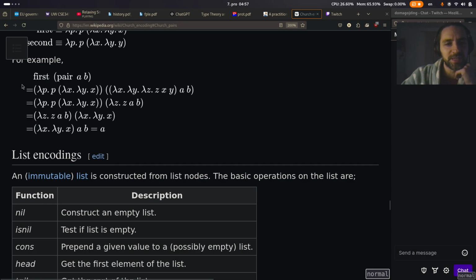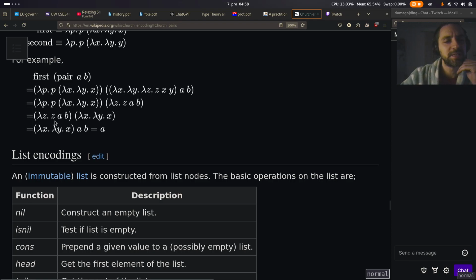But if you want to do select first and pair, then you have to have a head so that you can bind it, but not a head that has some kind of a variable in the body, just a head, lambda p dot p.